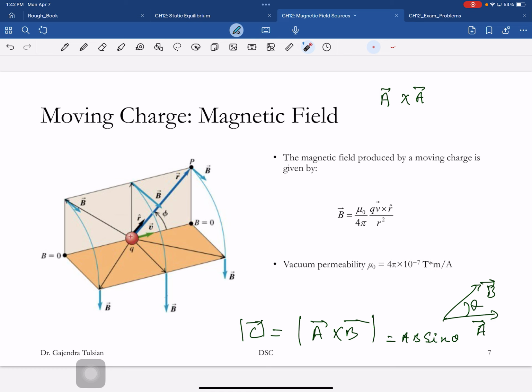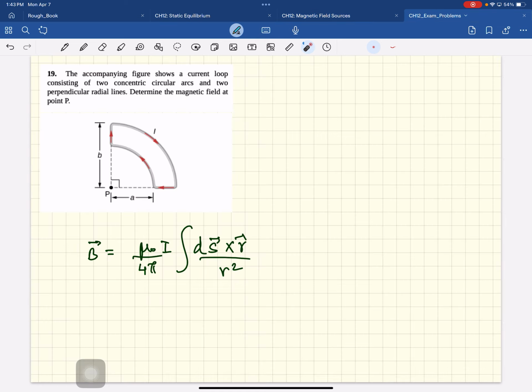So the field produced by these moving charges along the axis is 0. The field produced by this guy here is 0. The field produced by this guy here is 0. The field produced by this guy at this point, we'll calculate that. The field produced by this guy will be in the opposite direction and weaker.